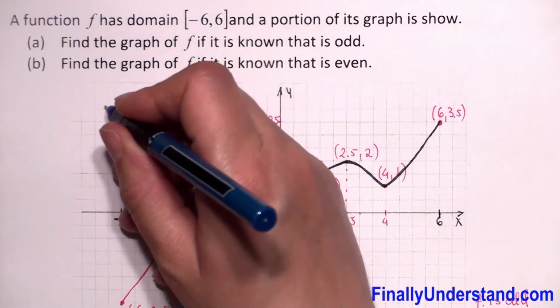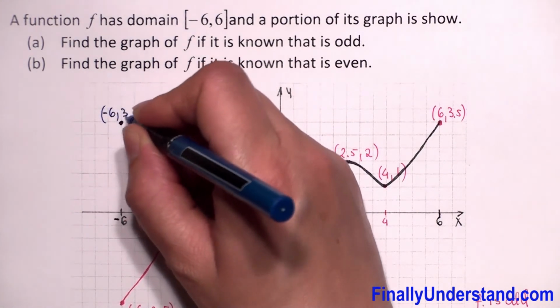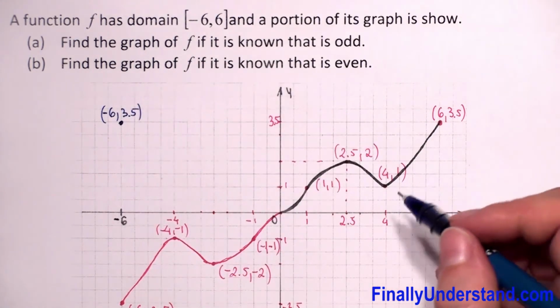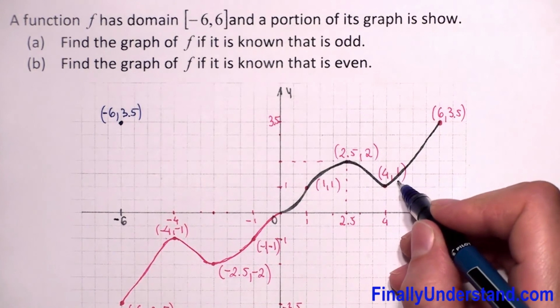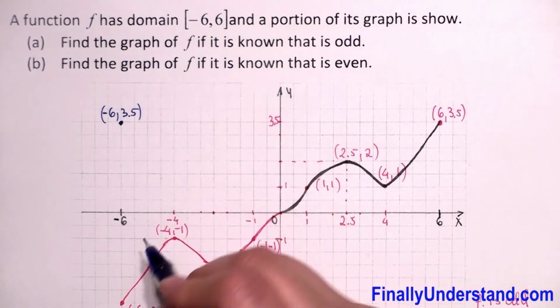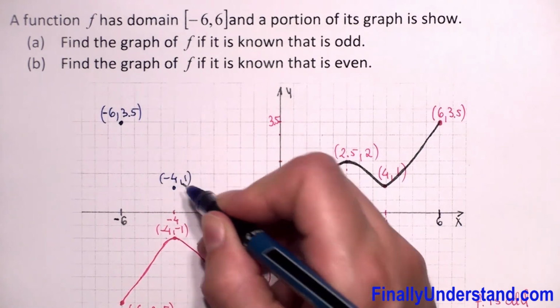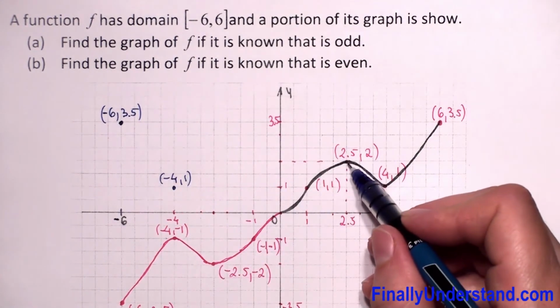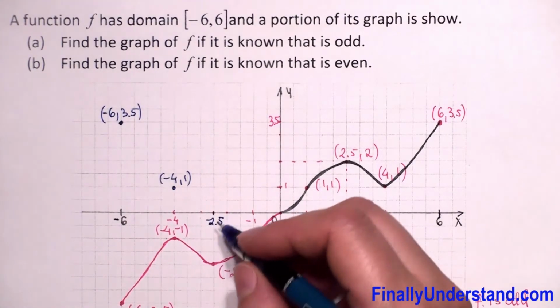So we have the first point 6 and -6 and 3.5. The second point we have 4 and 1, so now it will be -4 and 1. The third point will be -2.5 and 2.